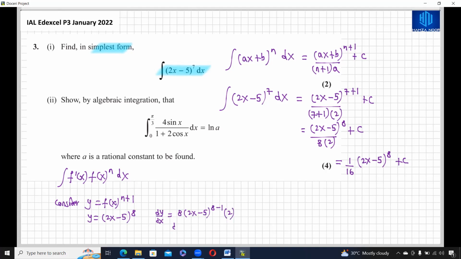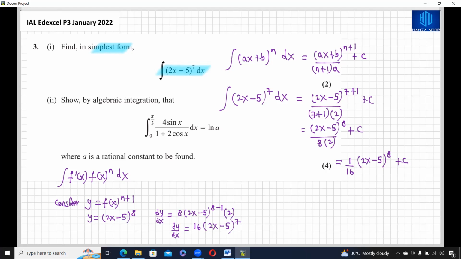So dy over dx equals 16 multiplied by (2x − 5) to the power 7. So when y equals (2x − 5) to the power 8, dy over dx equals 16 multiplied by (2x − 5) to the power 7.